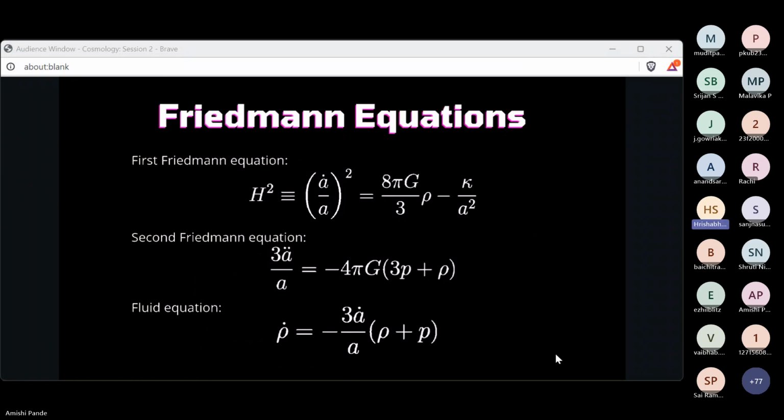Now, if you see right here, there's a small problem, and the problem was pointed out by someone in chat. We were discussing the value that kappa can take, and we suddenly found out that the value kappa can take actually depends upon what units we take.